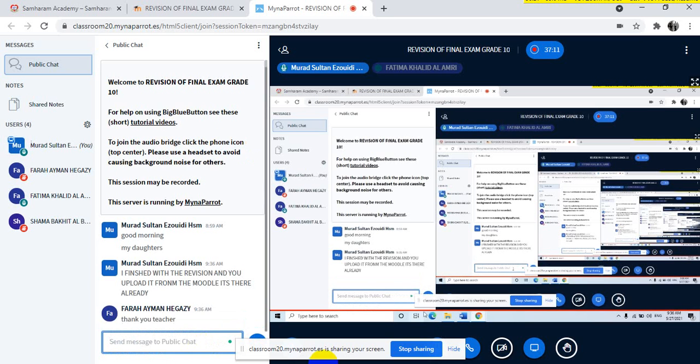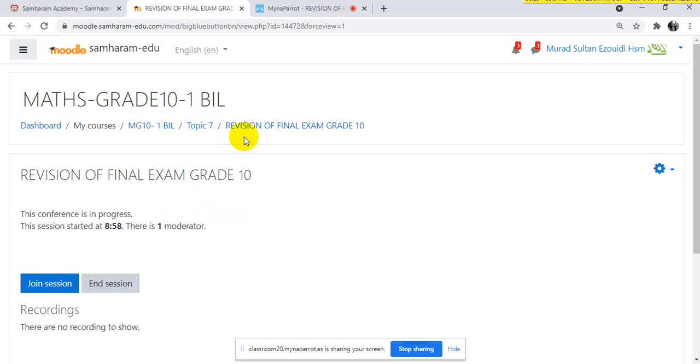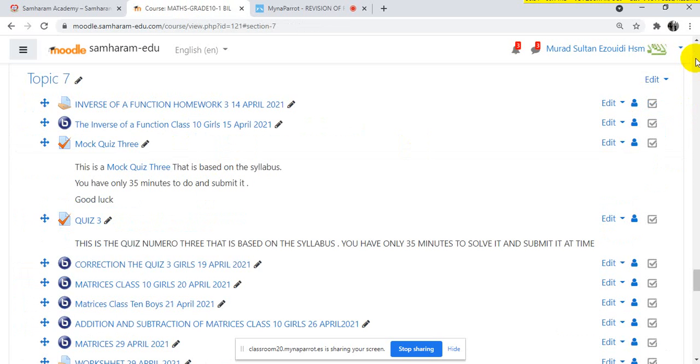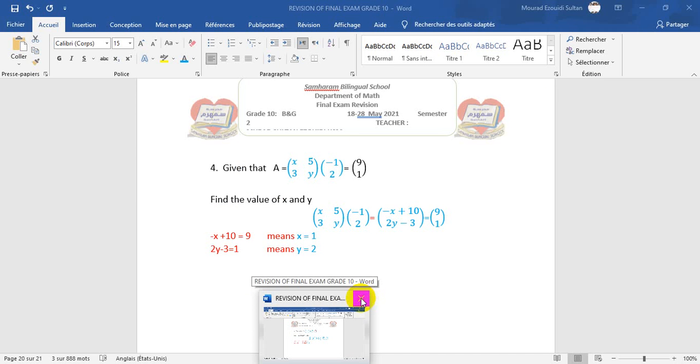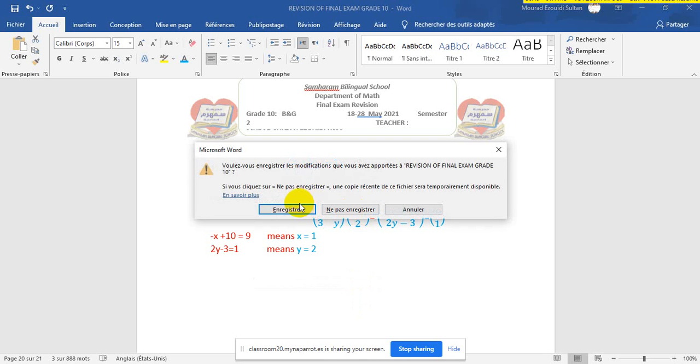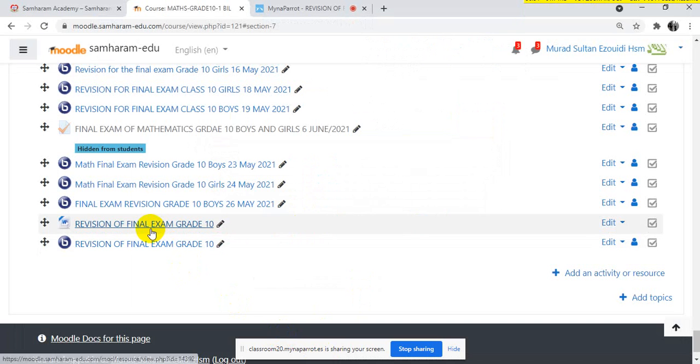Just before leaving, I will stop recording. Okay, just before leaving, I will show you where exactly this file is. Okay, topic 7. This one at the end of the lecture. So this is this one, my daughters. You see, revision of final exam. I will close mine, then I will save. I will close mine, then I will open yours, what is dragged and uploaded on your model.